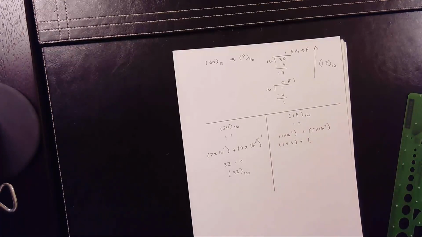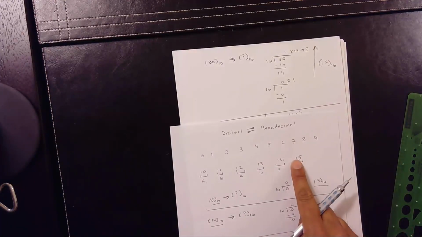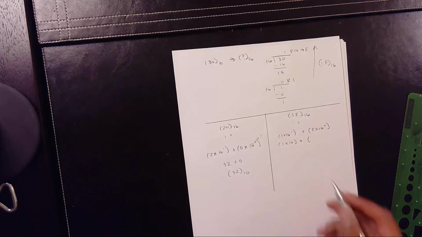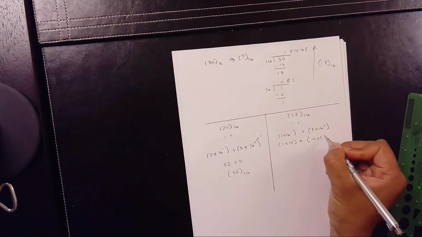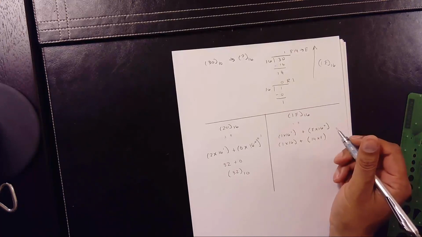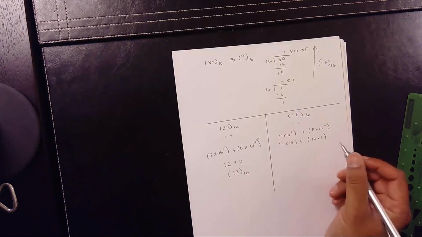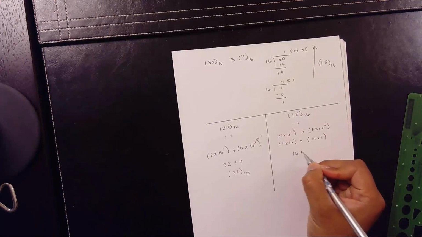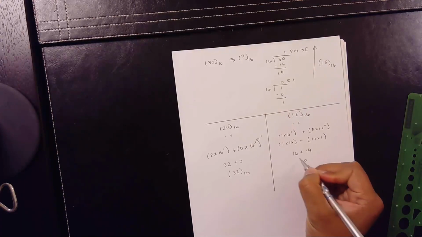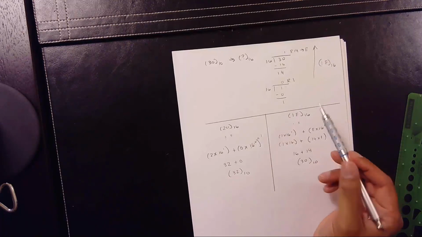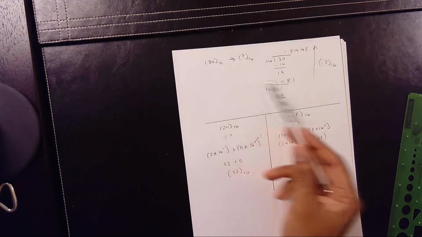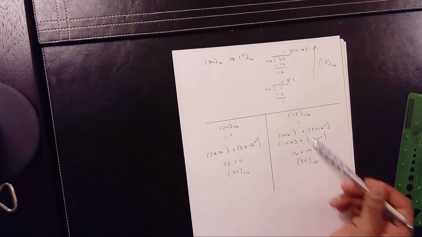We have to go back to our sheet. E is 14. So 14 times 16 to the 0 is 1. Okay, so we have 16 plus 14, which is 30 base 10. So again, here our 30 base 10 is equal to 1E base 16. 1E base 16 is 30 base 10.